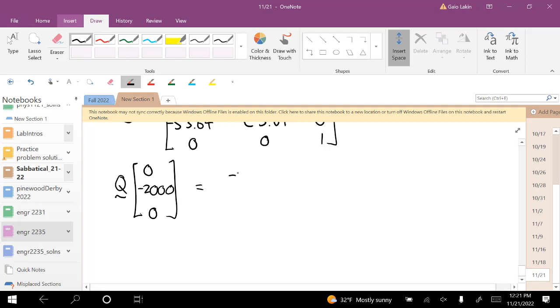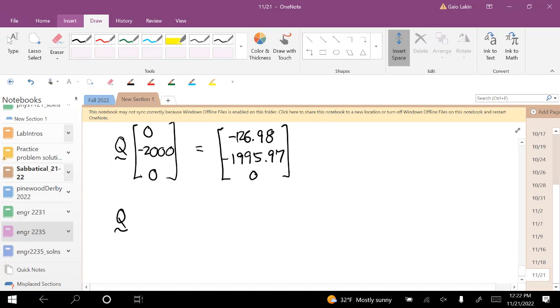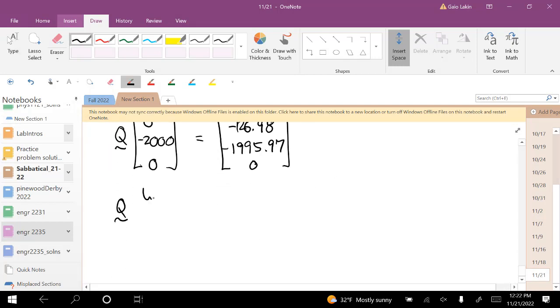And you get negative 126.98, negative 1995.97, and then 0. And then we'll multiply that rotation matrix times the force up the ramp, which is W, 0, 0.